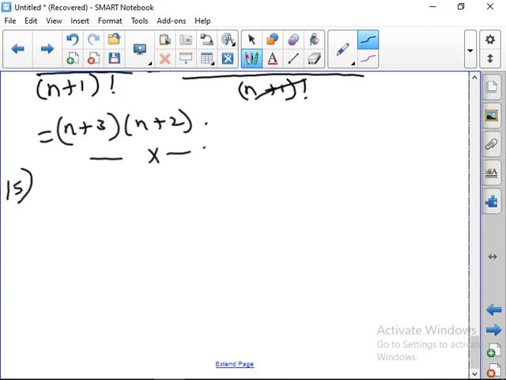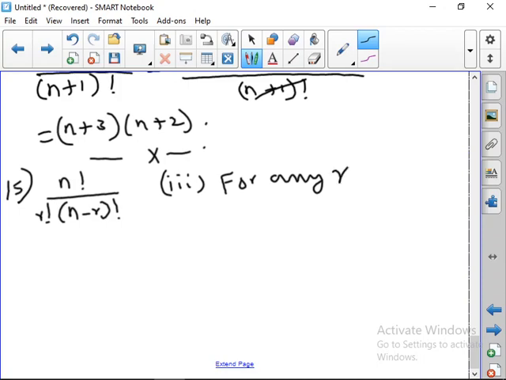Question number 15. Evaluate n factorial by r factorial into n minus r factorial. We will do the 3rd subdivision first. For any n and r, r is equal to 2. So substitute here.